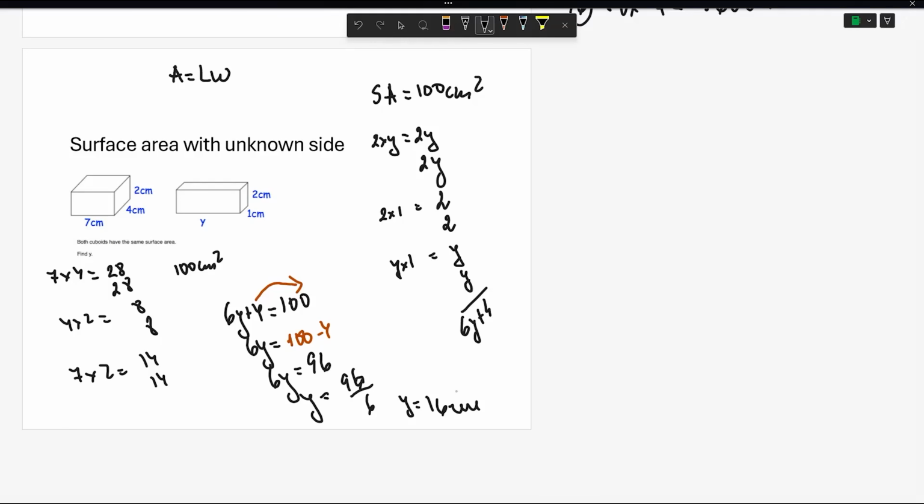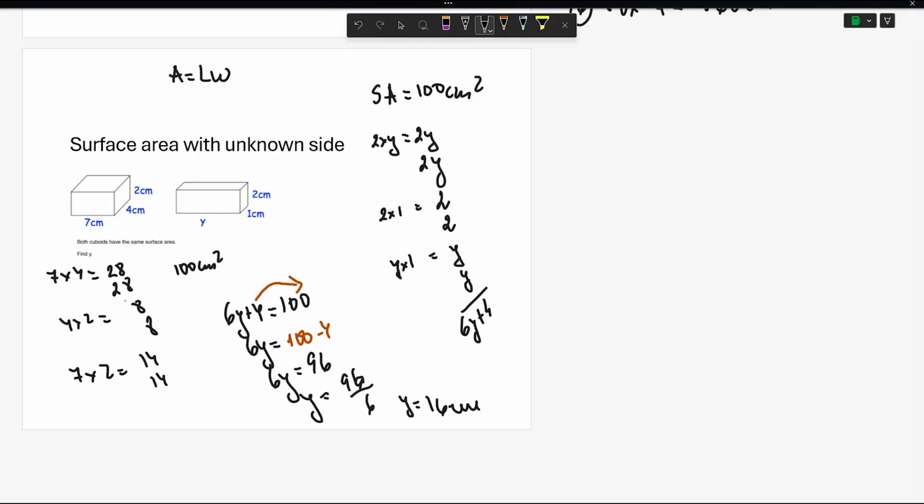So let's repeat what we have to do first. The most important thing really is to read the question. What it says in the question: both cuboids have the same surface area. Find y. Right, so we have two cuboids. In cuboid 1, we have all the sides, so this is going to be easy. We found the surface area of cuboid 1.